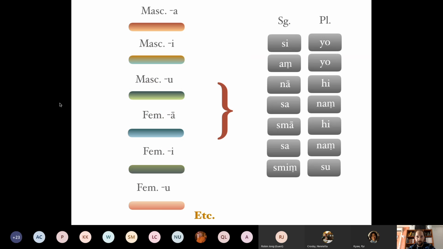But to any nominal base, you will start by adding this set of paccayas that are the vibhattis. So whether it is a stem ending in a, like Buddha, or a masculine stem or base ending in I or U, or A, I, U, etc., you will always begin by adding any of these vibhattis. Of course, you probably have never seen the word Buddha si, so the nominative of the word Buddha is not Buddha plus si.